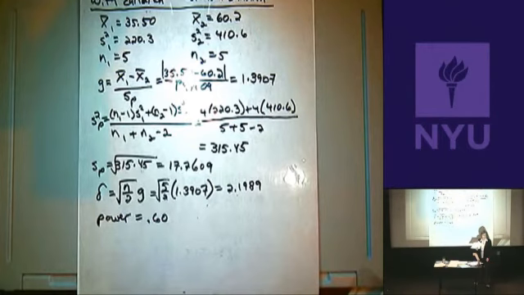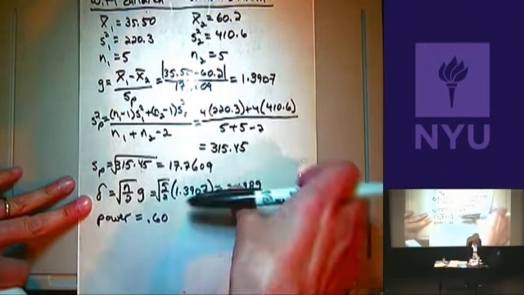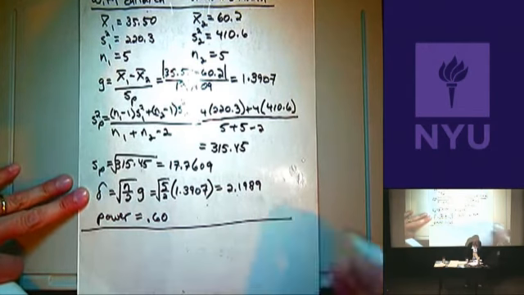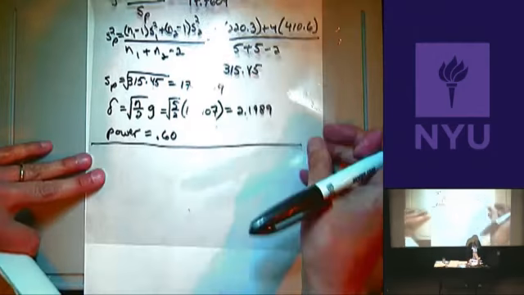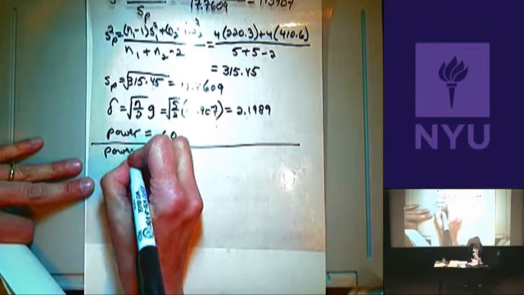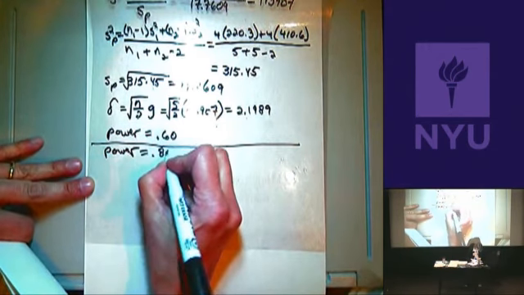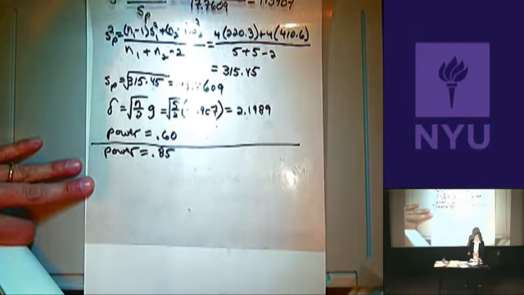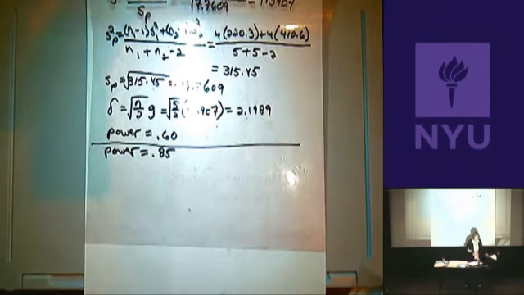Because I want to ask another question then. All right? Okay, so here's another question. If you wanted the power to be 0.85, okay? Let's say instead of a power of 0.6, I'm saying, oh, wow, 0.6 is not good. I want a power of 0.85. Then how many subjects do I need to get a power of 0.85? Okay, so in that case, I'm solving for n.